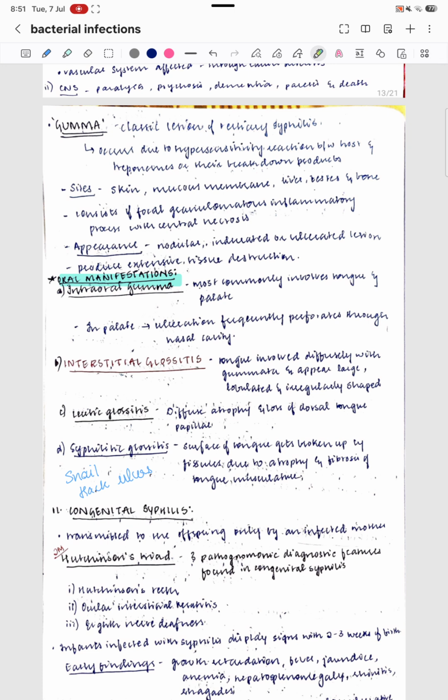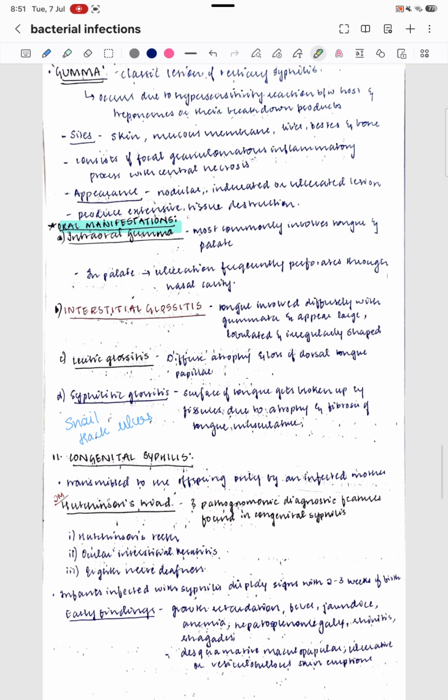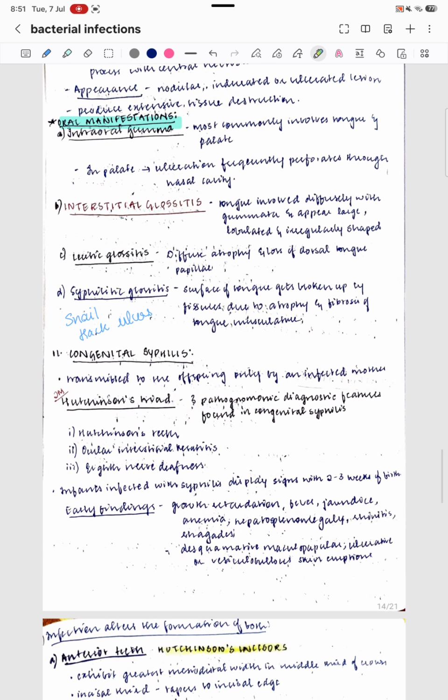It appears as a nodular indurated lesion. Regarding oral manifestations, it can also occur intraorally, and most commonly involves the tongue or the palate. In the palate, the ulceration frequently perforates through to the nasal cavity. Interstitial glossitis is a feature involving the tongue, with a diffuse appearance of large, lobulated, irregularly shaped gummata.